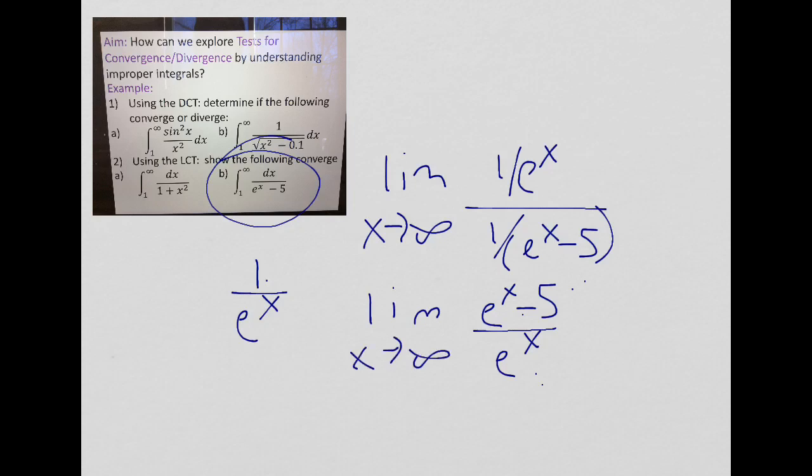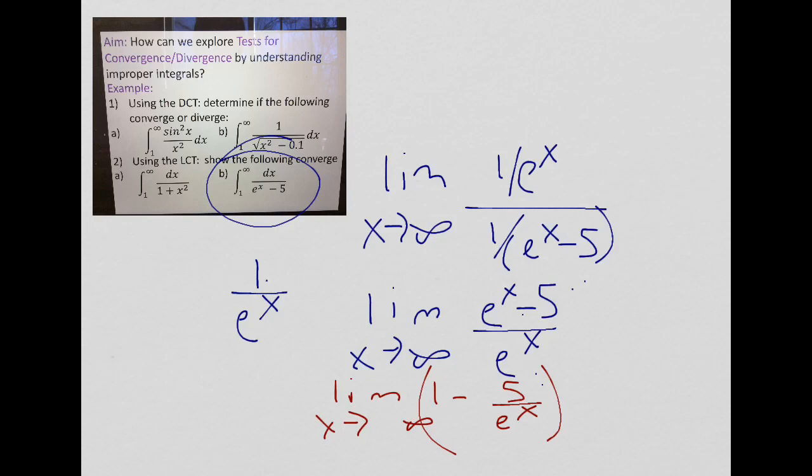And that's something that you may want. So if, let's say, you're not sure what should be your bottom function or top function, it's something that you want to be able to find your infinite limit. Okay, so like I said, we have the limit of 1 minus 5 over e to the x, as x approaches infinity.